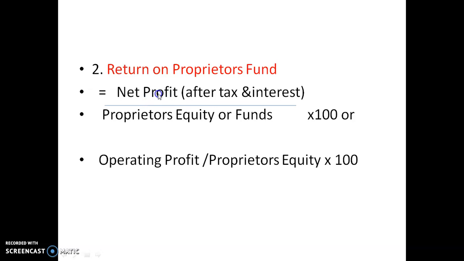Net profit is distributed or paid to proprietors after payment of tax and interest. Interest is always paid on debentures, bonds and loans taken from banks or financial institutions. That net profit we will consider at the time of return on proprietors' fund: net profit after tax and interest.